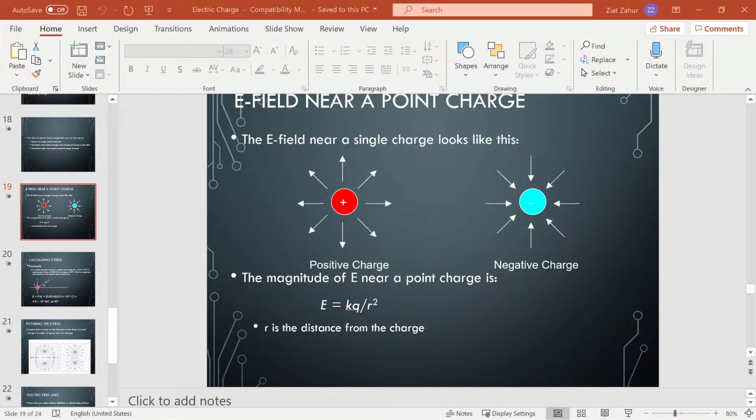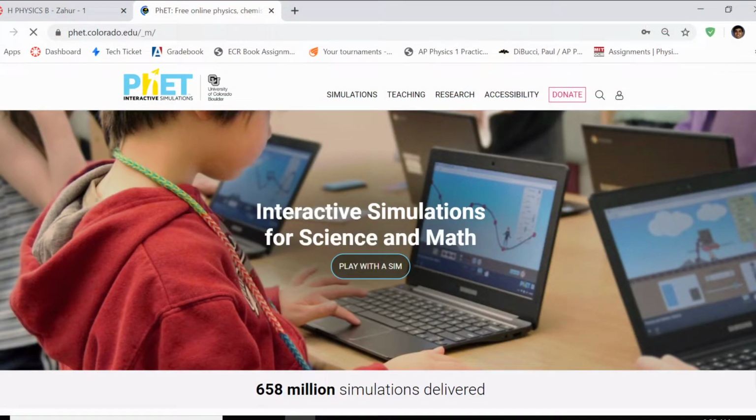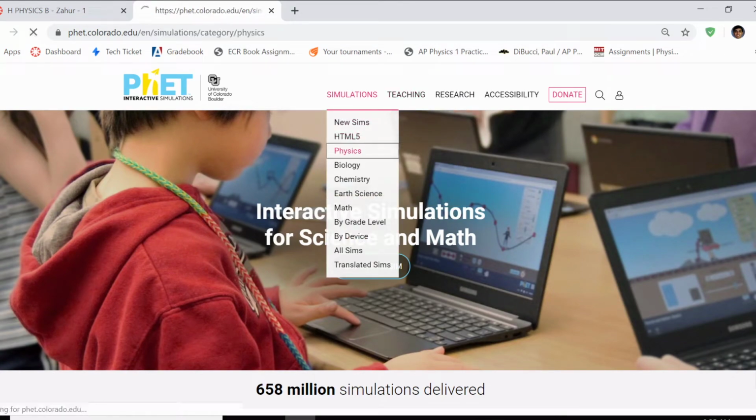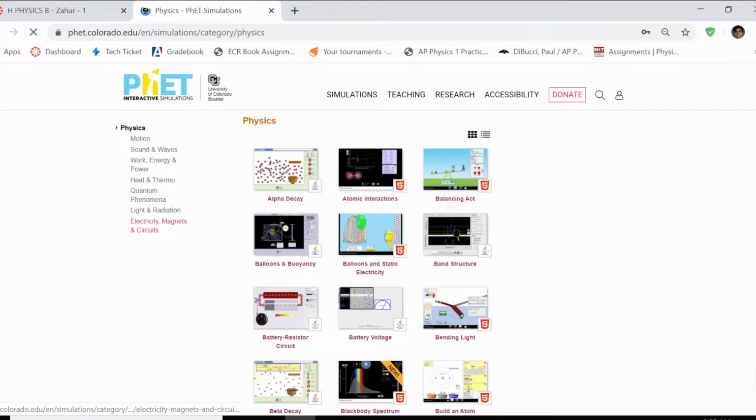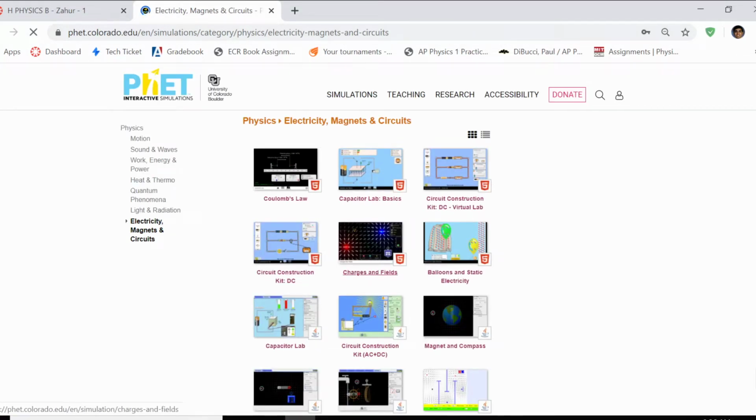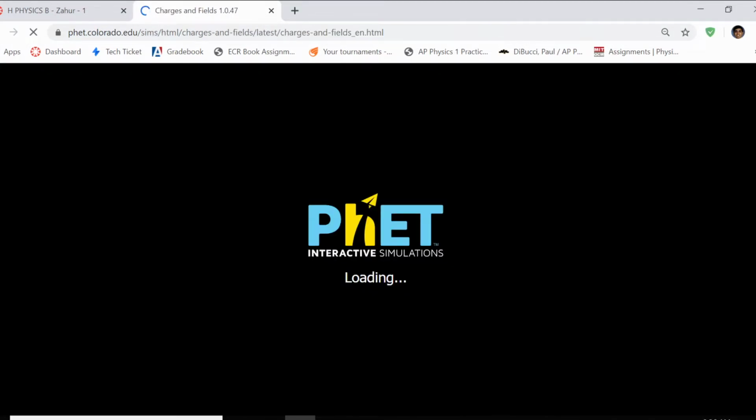Okay, let's go back. So I'm going to the PhET simulations website, and if I pull up the physics, there is a nice electric field simulator, and eventually we'll use this. Fields and charges, let's go and play.